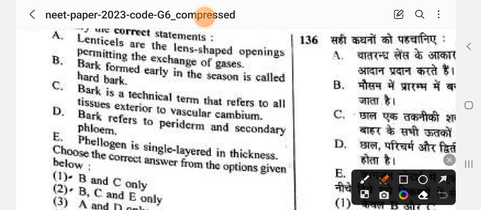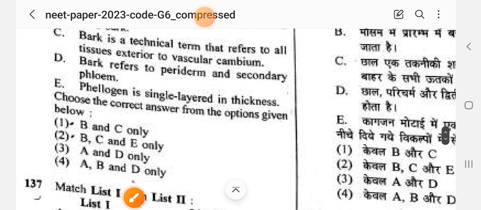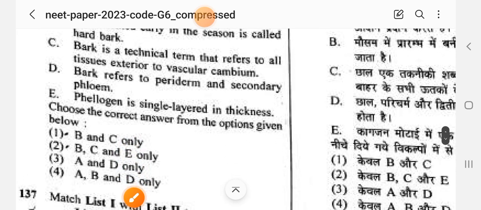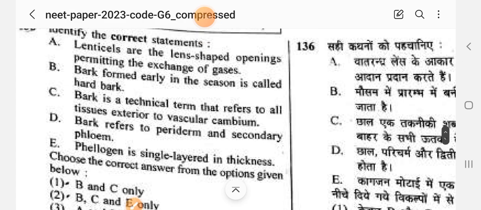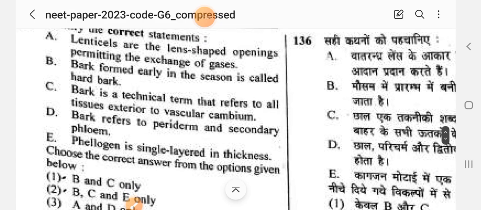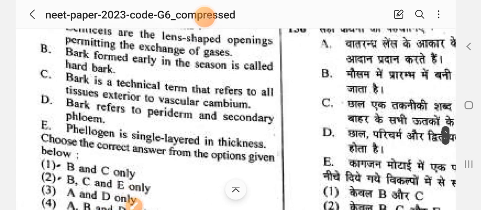This is true. Bark refers to periderm and secondary phloem. This is true. And phloem is single layered in thickness. No. I think C and D. C only, no, B and C. Answer is A.